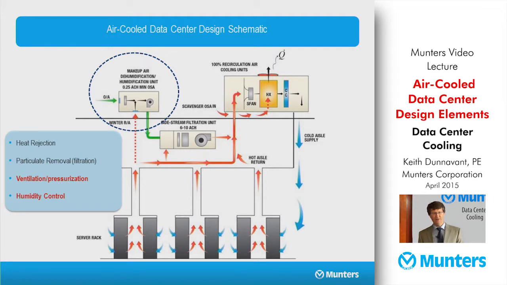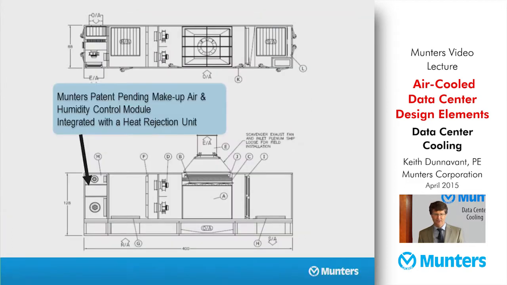So when the outdoor air dew point is high, you want to have the ability to strip out that moisture and drive the dew point of the makeup air down, usually to 48 to 50 dew point, so that you've got a margin of safety to make sure that you're maintaining that data hall well below the upper end of recommended dew point levels.